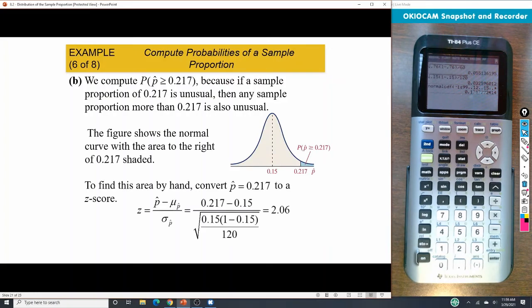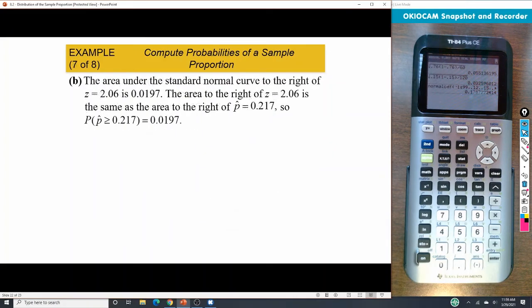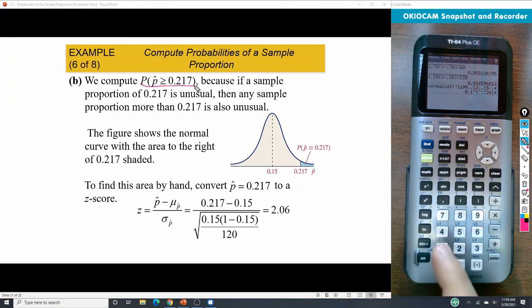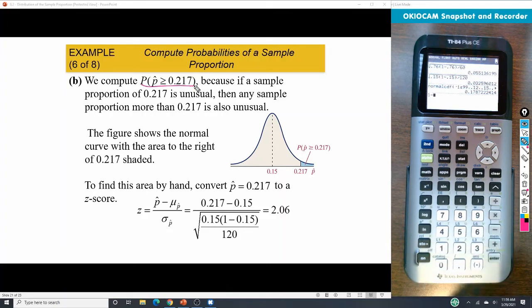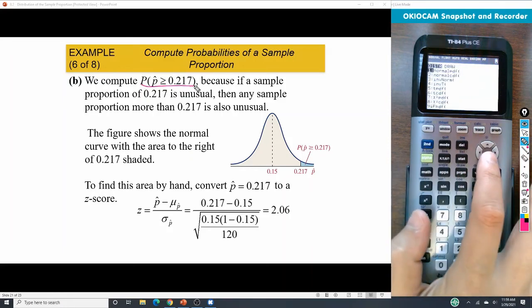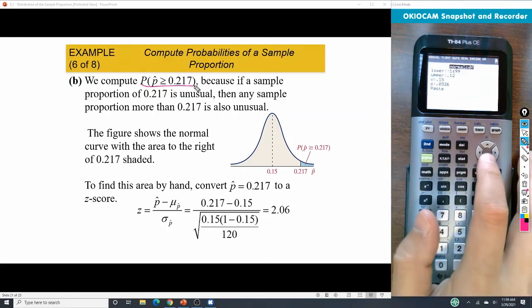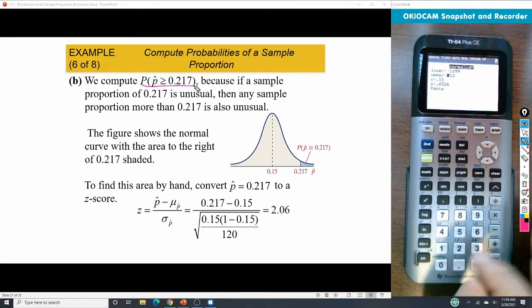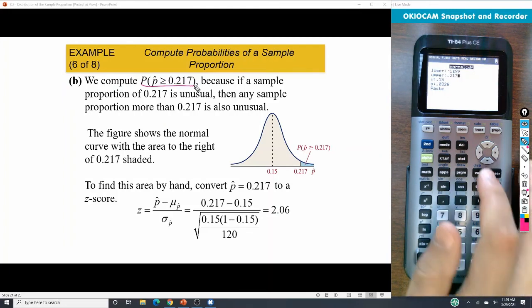Again, they're doing it by hand for these pieces, and we would be able to get this data here. So let's remember how to do this in the calculator. Since it says greater than, we need to do 1 minus the probability. So second VARs, normal CDF. This time our P is 0.217.